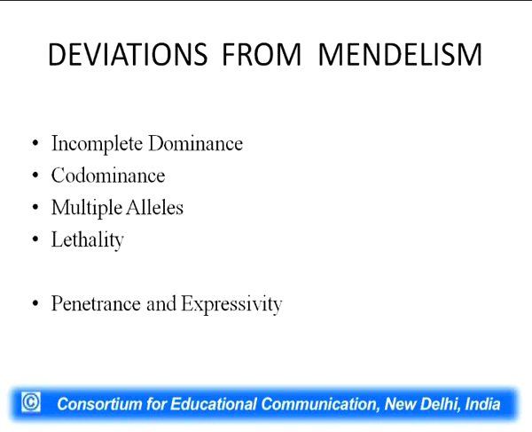Coming to the deviations from Mendelism, which means these figures that we just saw of 3:1, 9:3:3:1, 1:2:1 or 1:2:2:4:1 being the phenotypic and the genotypic ratios of the mono and the dihybrids respectively in F2, are they going to hold true in all the organisms?